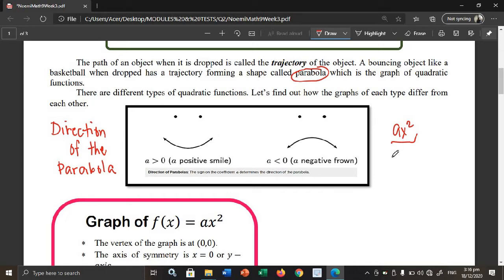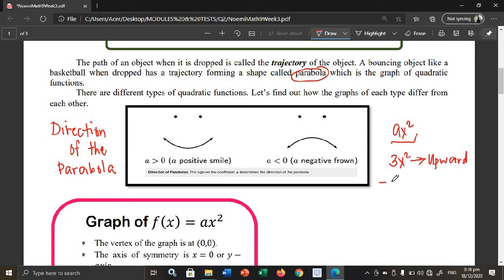So, halimbawa, pag sinabi natin we have 3x squared, we have 3 as the coefficient of the quadratic term. Therefore, alam na natin na yung opening ng parabola will be upward. Bakit upward? Kasi 3 is positive number, di ba? Therefore, the parabola will open upwards, kasi positive yung coefficient ng quadratic term mo, which is 3.